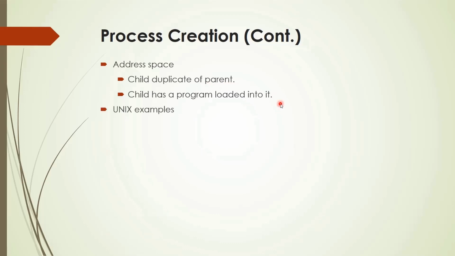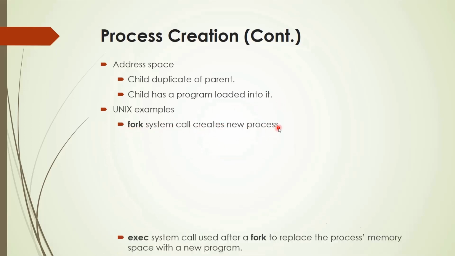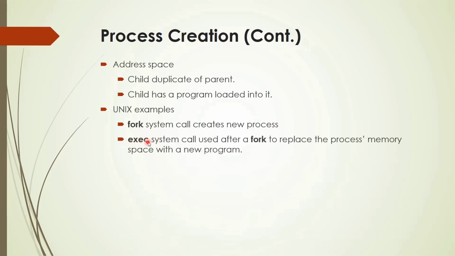Now let us look at a Unix example. In the previous slide I have already mentioned the fork system call is used to create a new process, and the exec system call is used after the fork system call to replace the process memory space with a new program. That is, the child process will be running a new program, so the new program must be loaded into memory, and that is done with the help of the exec system call.